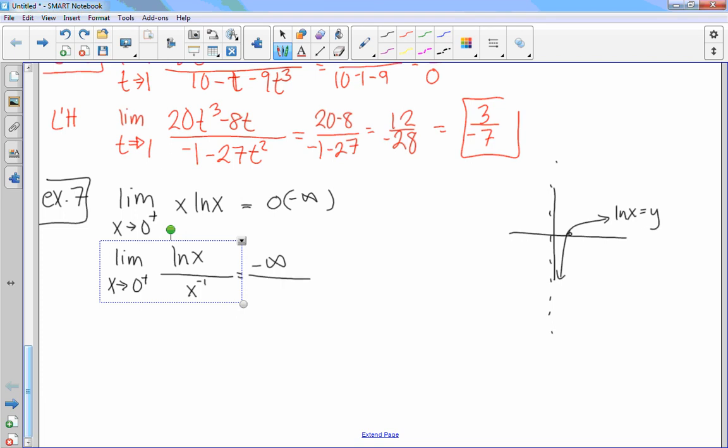over what? What does the graph y equals 1 over x look like? Are you sure it's 0? That's what the graph looks like.